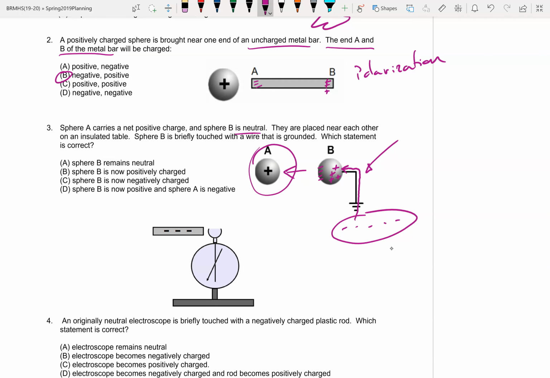So when we ground sphere B, electrons come up from the Earth and into sphere B, and we get more electrons in there. Then when you disconnect the ground line, so that sphere B is isolated again, it has become net negative. It has more negative charges in it because it was grounded to the Earth, and sphere A's positive charge is able to pull up electrons from the Earth. So which statement is correct about sphere B? Sphere B is now negatively charged.